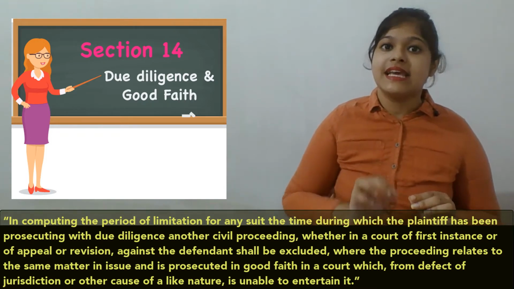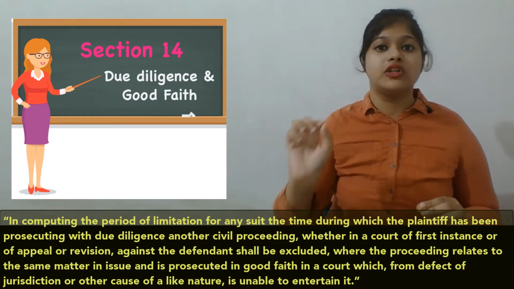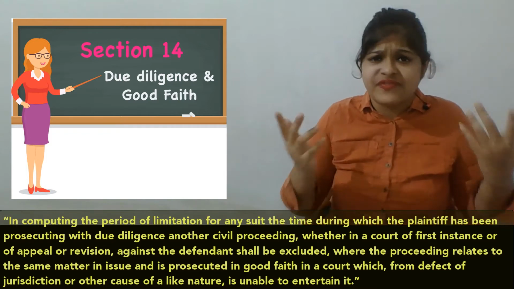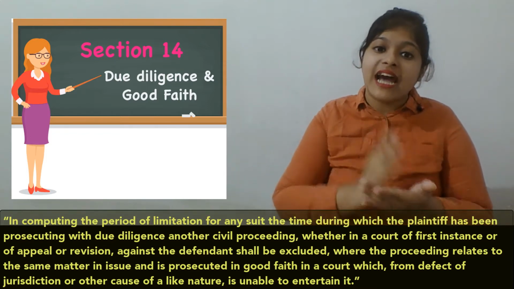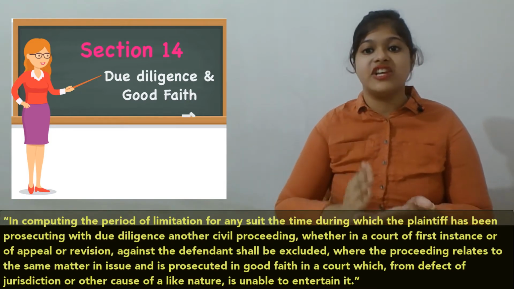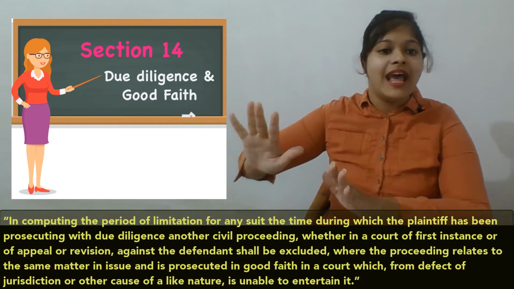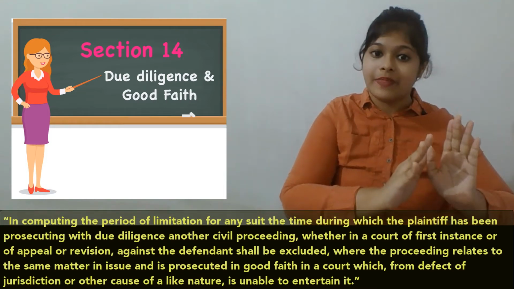In this case, his appeal or his revision or that particular suit will be rejected, as it is very obvious. Then, in such a condition, the time that has lapsed between filing and the rejection will be excluded and will be added to the prescribed limitation period.